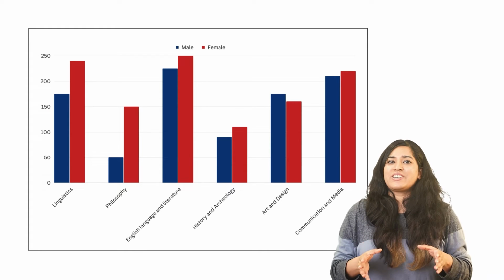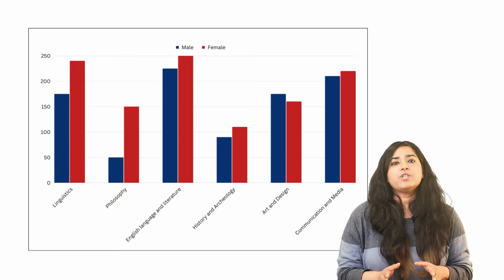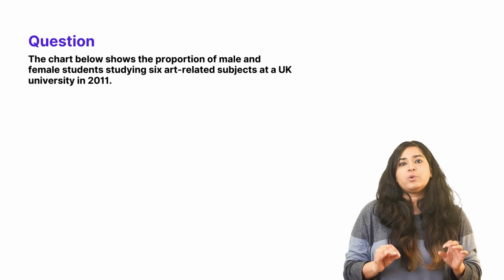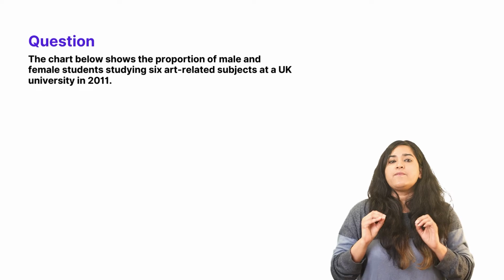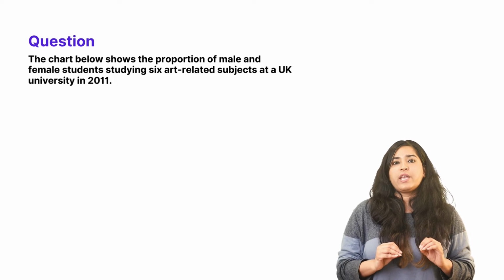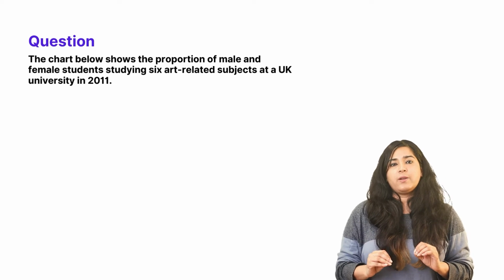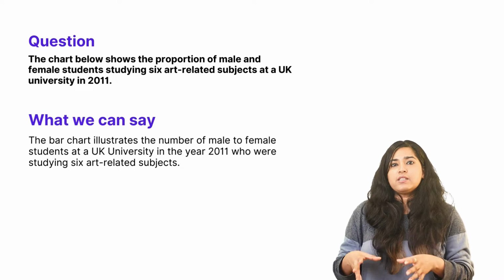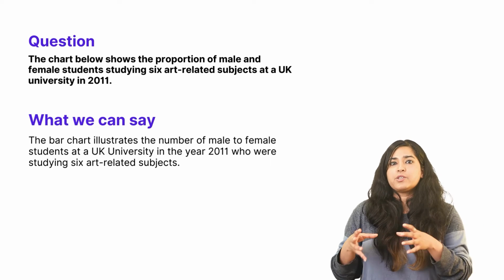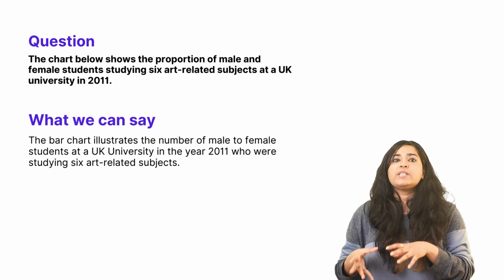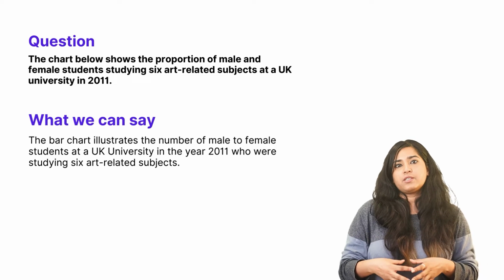We'll start with the introduction. First things first, we'll have to rephrase the question given to us, which is, the chart below shows the proportion of male and female students studying 6 art-related subjects at a UK university in 2011. We can change it to something like this. The bar chart illustrates the number of male to female students at a UK university in the year 2011 who were studying 6 art-related subjects.